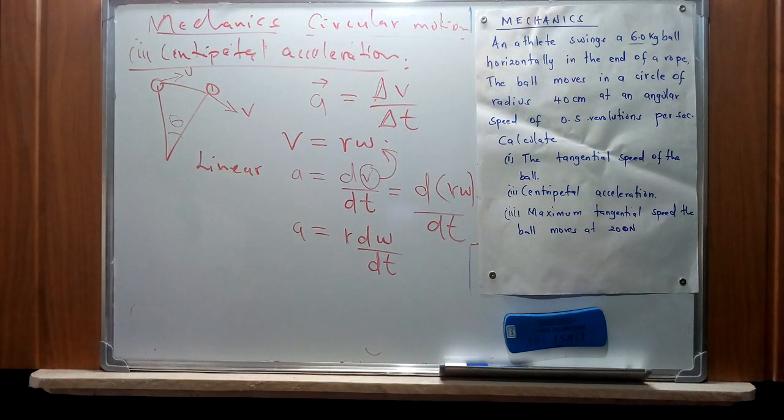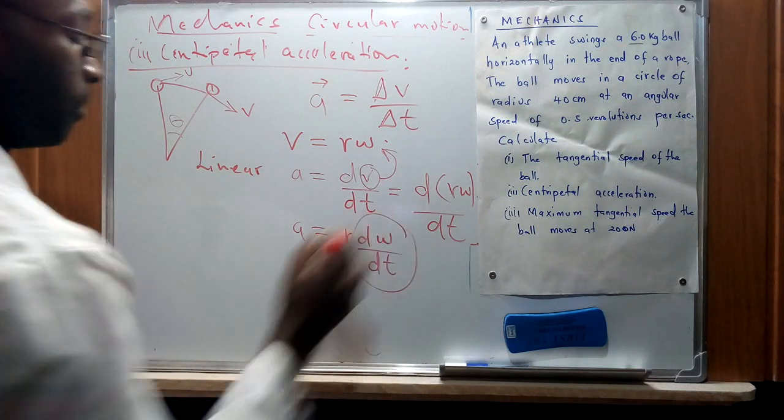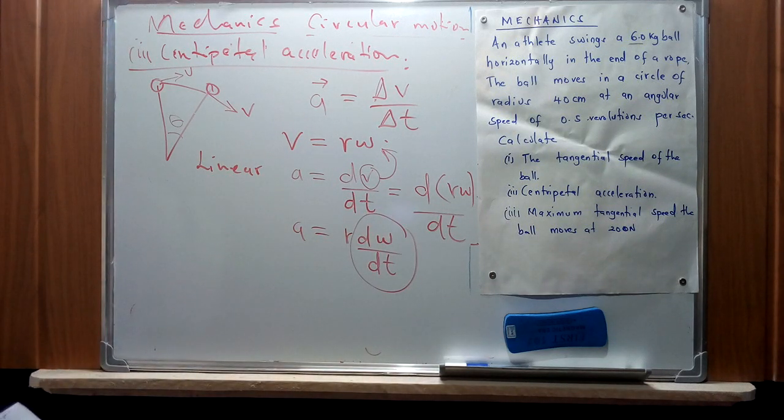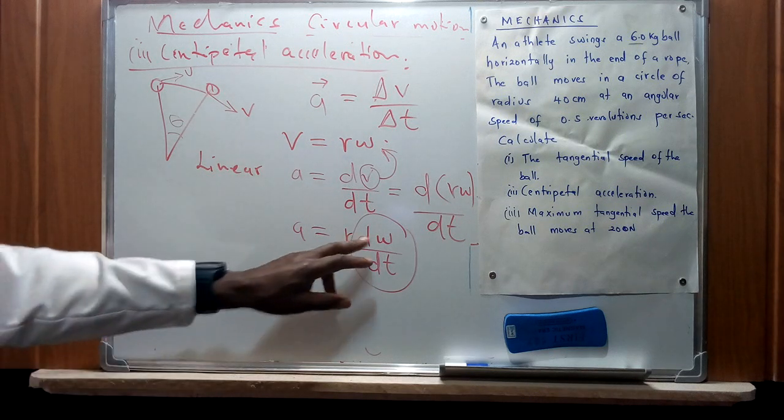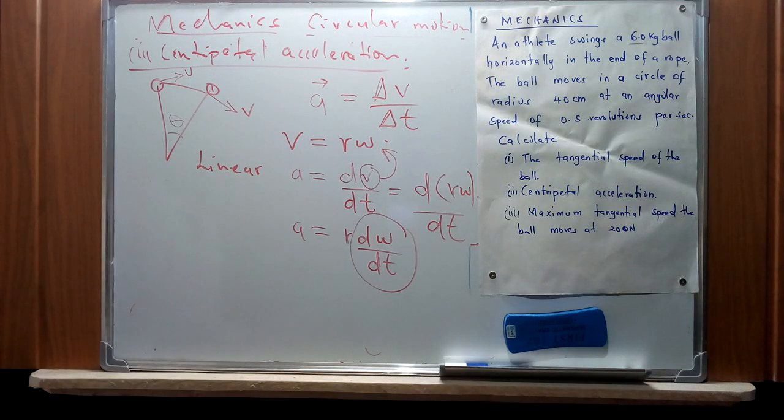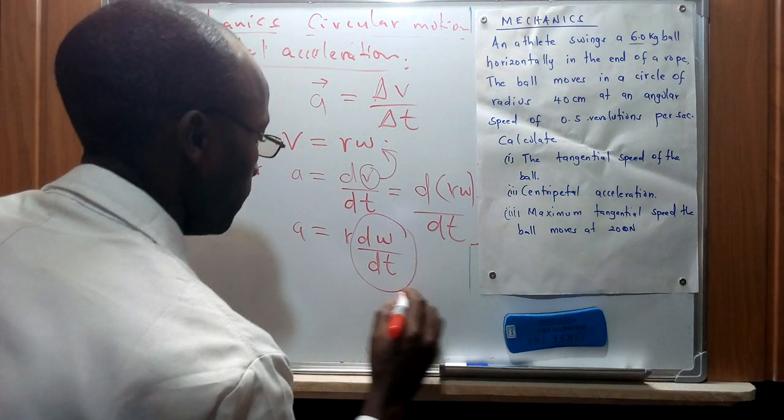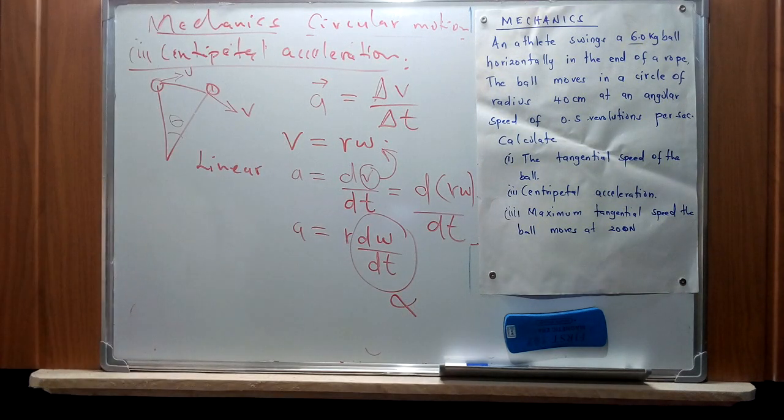Now the differential that we have written here, of angular velocity over time, is going to give us what we call alpha, the angular acceleration. That's another term that we are going to use.